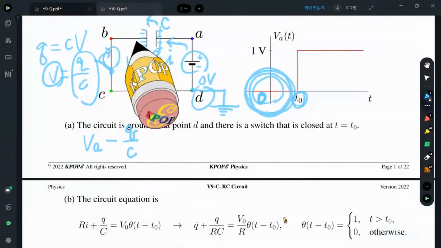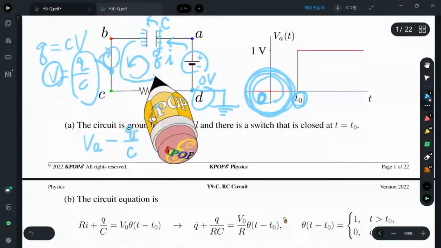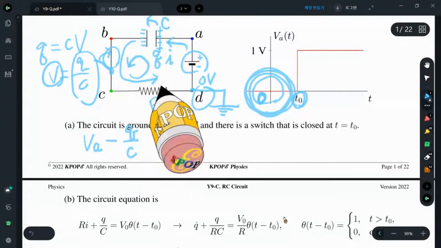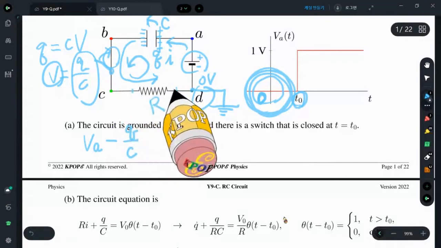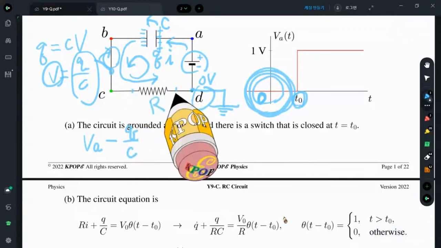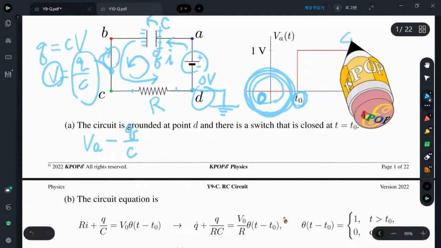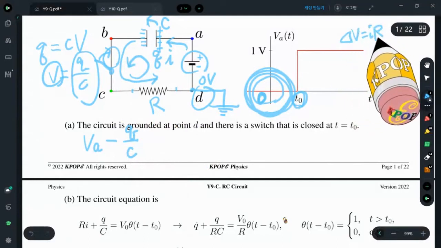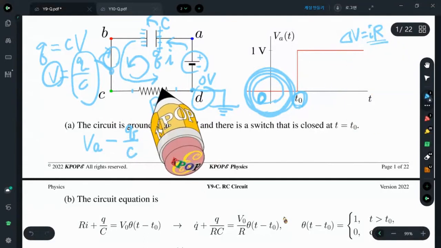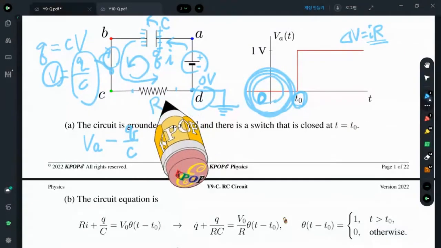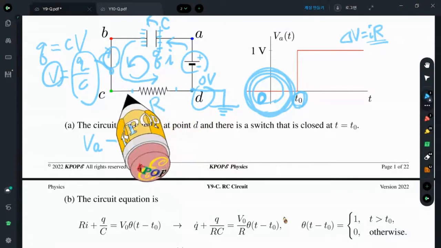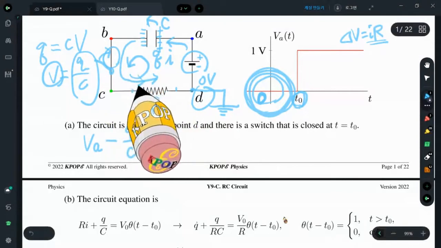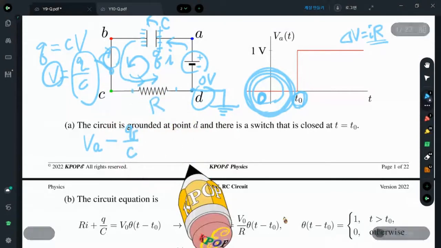And then current flows. When current flows, the potential difference between the two terminals of a resistor is delta V equals IR, and we know a resistor consumes energy. Therefore, potential decreases if you follow the direction of the current.